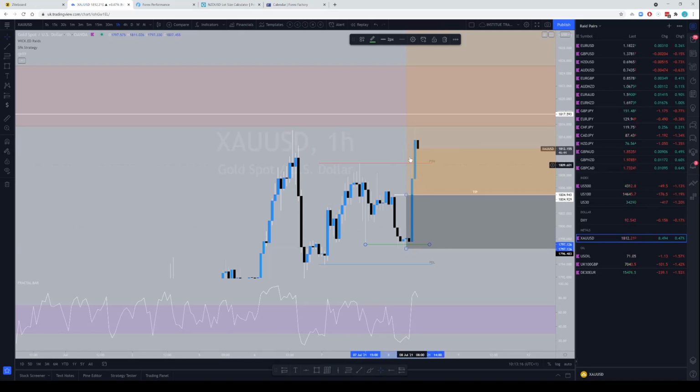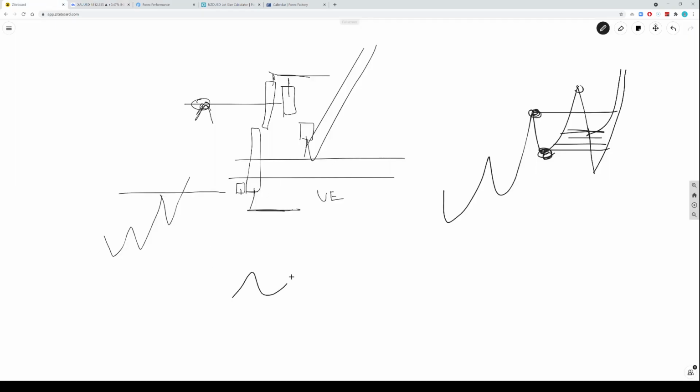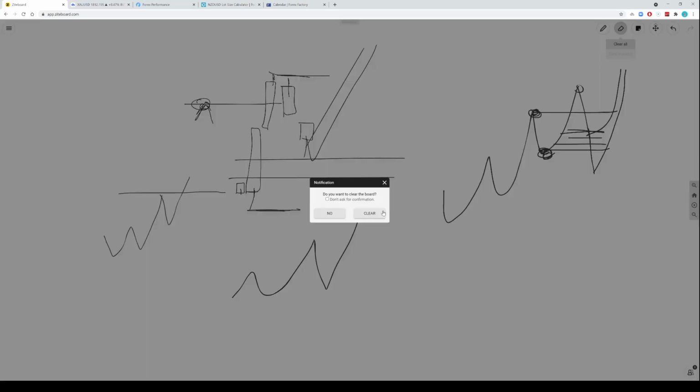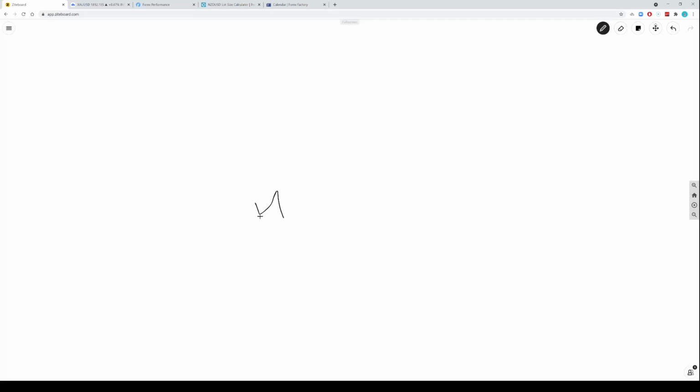To pull back. So in pulling back, this has given you that condition. Okay, let me get rid of this. Okay, it's giving you that condition, therefore that's high probability that when price retraces, it's gonna go up, right?